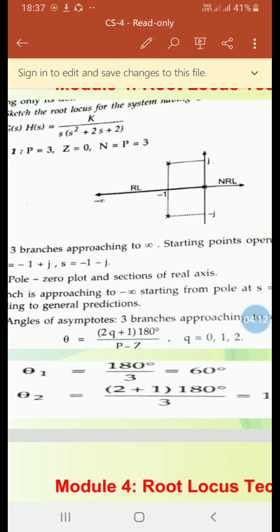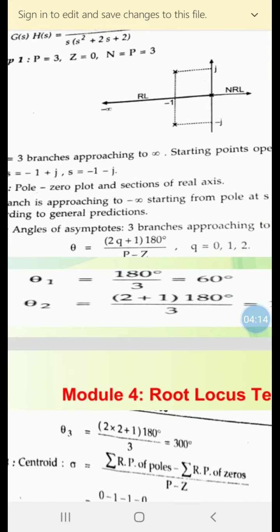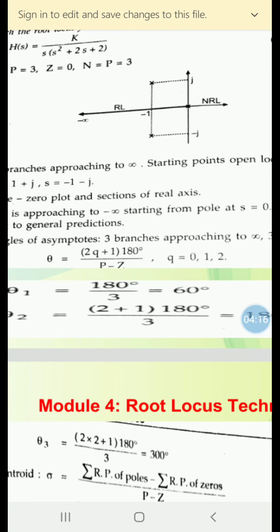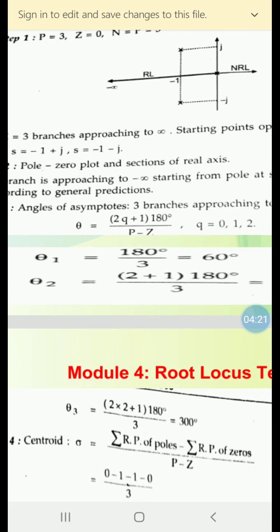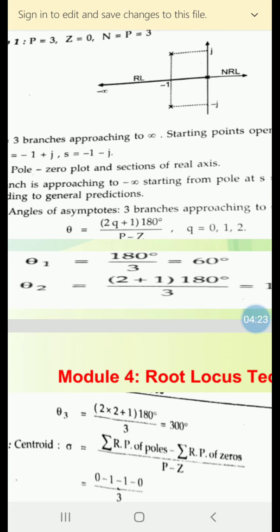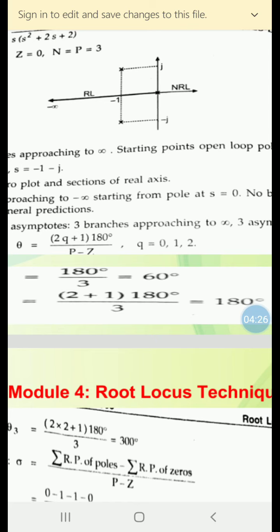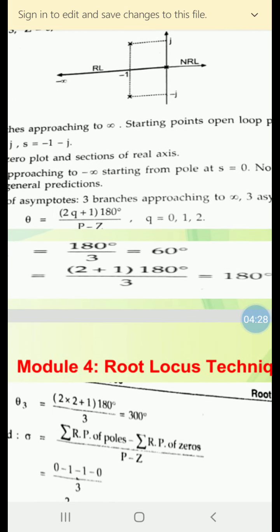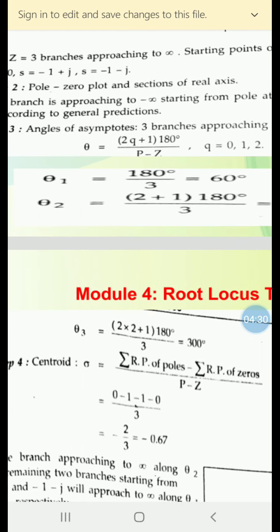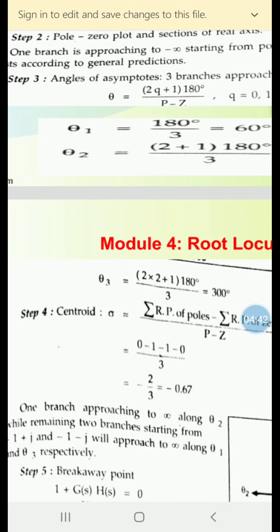First we substitute q equal to 0 and find theta 1, which is 180 degrees by 3, that is 60 degrees. Theta 2, with q equal to 1, is 180 degrees. Then theta 3, with q equal to 2, is (2 × 2 + 1) × 180 degrees by 3, which is 300 degrees. So these are the angles of asymptotes.